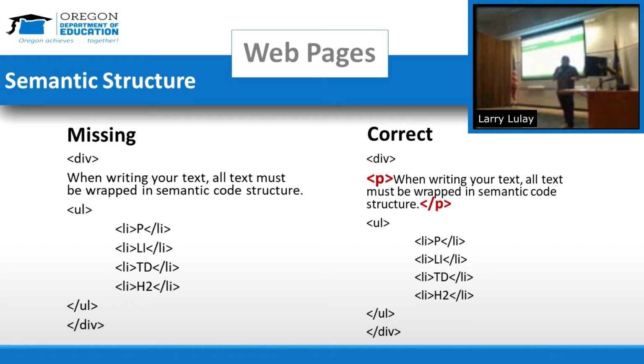The key to focus on here is that the screen reader reads that correct side, and it says P, paragraph. When writing your text, all text must be wrapped in a semantic code structure. And then it says unordered list. List 1, P, list 2, LI, list 3, TD. It tells them the structure of what each of those things are.